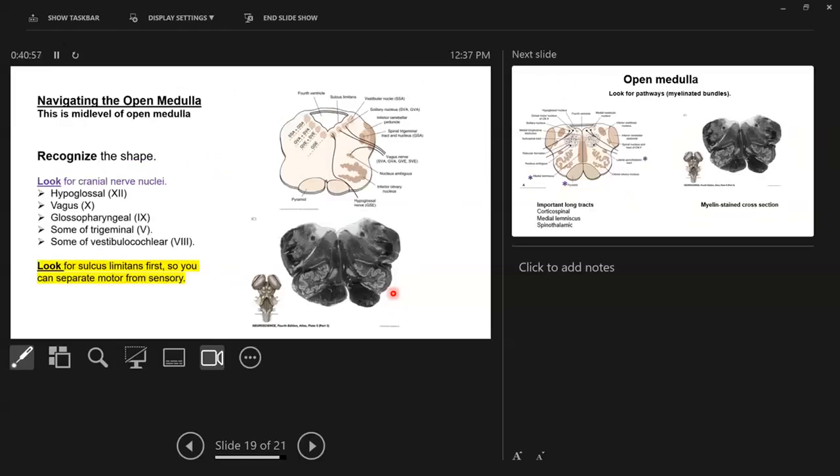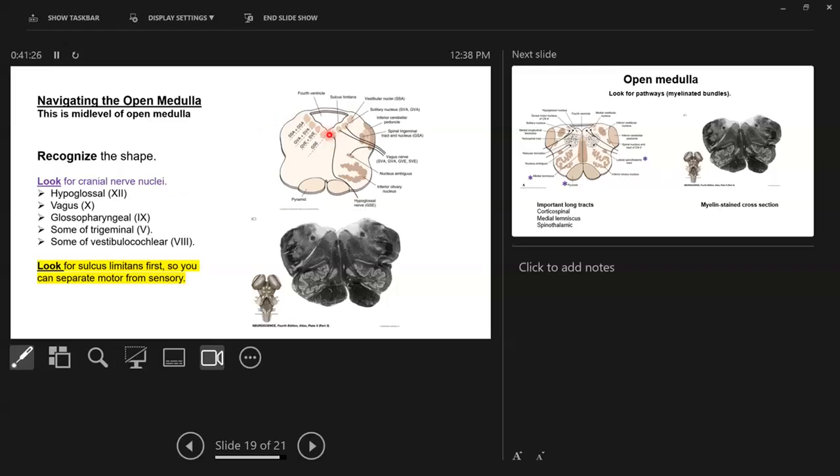Now, as far as navigation, the open medulla, the mid-level medulla, we are making a cut at a level where the fourth ventricle is already open, and we can line up the cranial nerve nuclei, if you will, from medial to lateral. The medial most are motor nuclei.